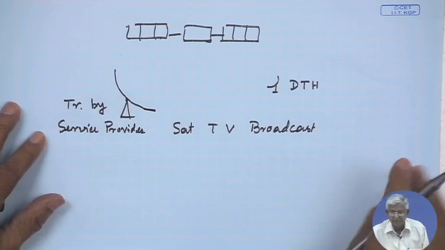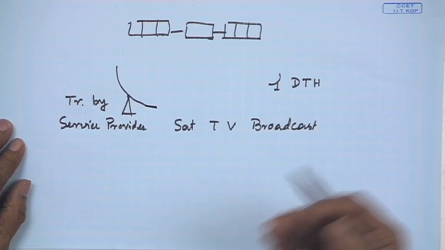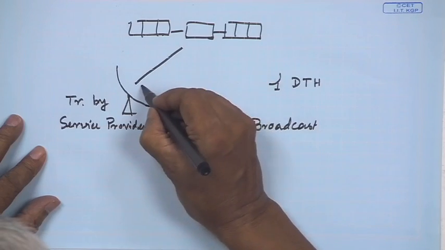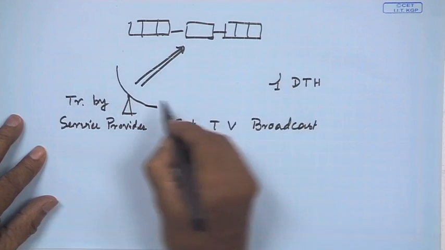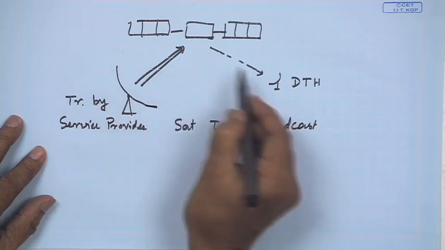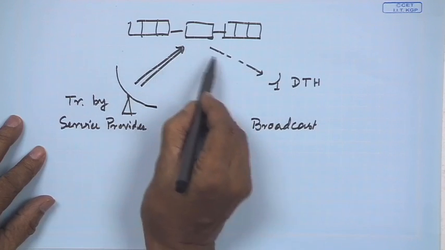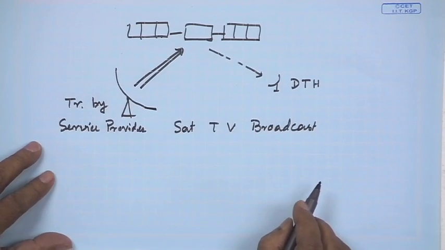There are standard commercial service providers, and government service providers like Doordarshan, like Tata Sky, like many others, Z, etc. So, this link is a fat link, uplink, and this link is a thinner link in terms of C by N naught. So, C by N naught uplink is very high compared to C by N naught downlink, one of the examples.